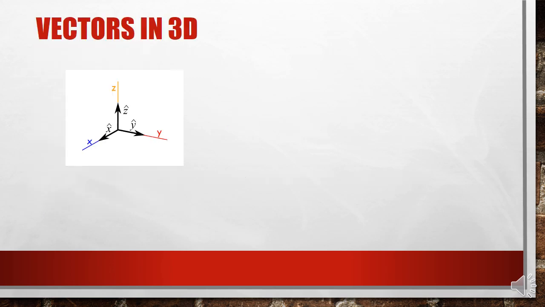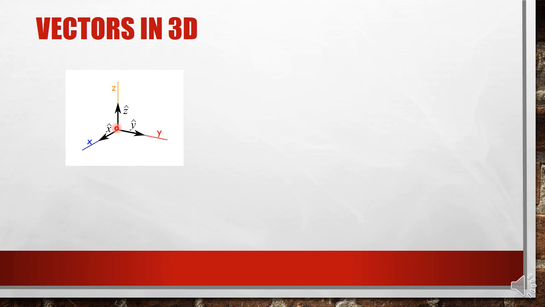Okay, so now how to write a vector in 3 dimensions? You are used to Cartesian coordinates in 2 dimensions, and now we will see how Cartesian coordinates look in 3 dimensions. Forward is for the x direction, the horizontal direction to the side is for y, and vertical is for z.